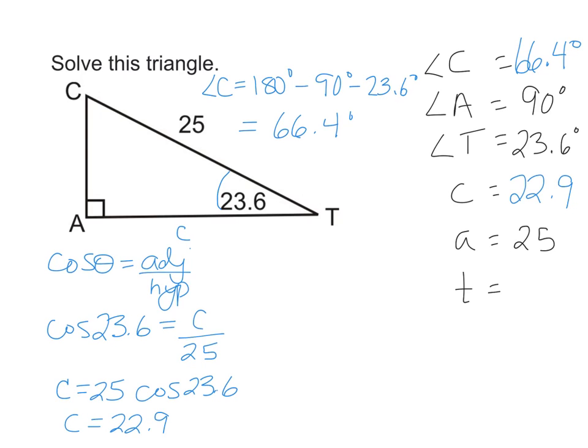And we have one more side length to find. It's your choice whether you want to use another trig ratio or you want to use the Pythagorean theorem. Either one is fine and will give you the same answer. So I think I'm going to use the Pythagorean theorem, and I'll do t squared equals the hypotenuse, which is 25 squared, minus the other side, which is 22.9 squared.